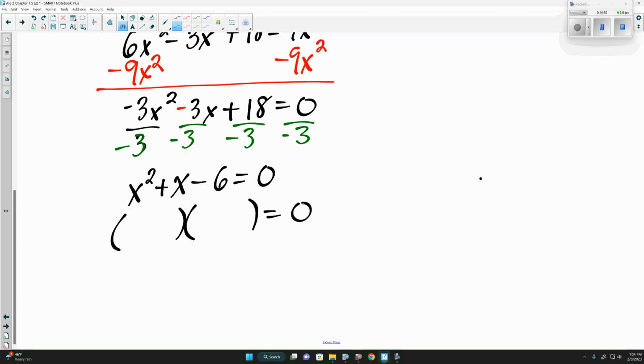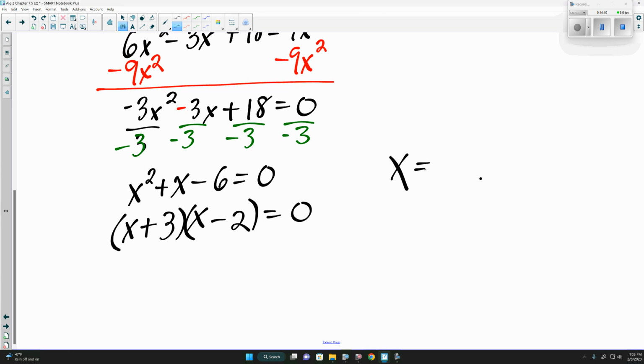So we'll have our two sets of parentheses since the 6 is negative. Opposite signs. Factors of x squared are x and x. The factors of 6 are 1 and 6 or 2 and 3. Yes, we'd want the 3 positive and 2 negative. Well, looking at this here, can we say what x is?